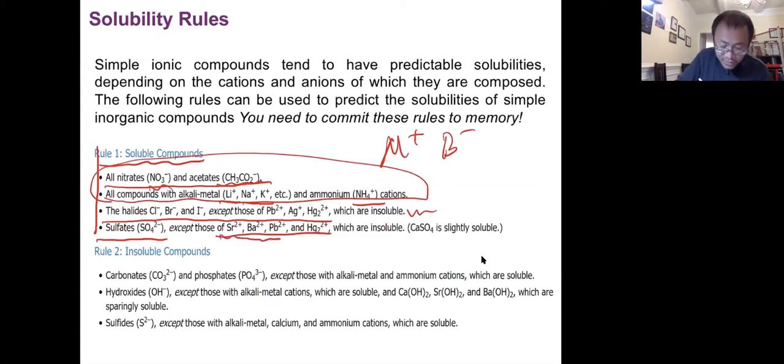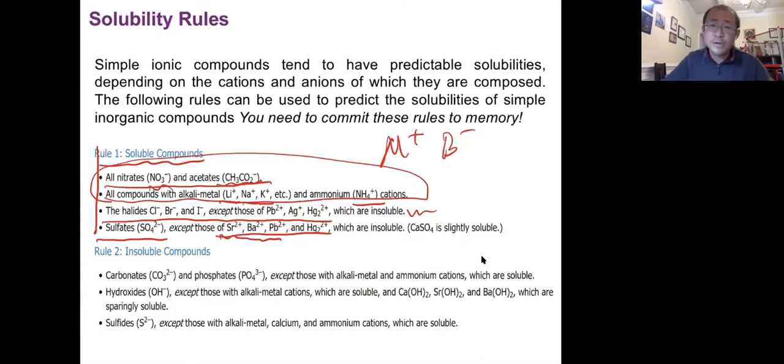Among these 4, these 3 are group 2 metals. So basically, sulfates are soluble, except with group 2 metals other than magnesium, magnesium is not in here, and mercury. If that's the case, they're not soluble.